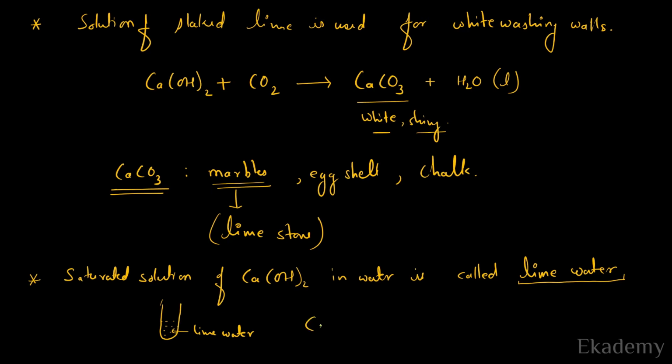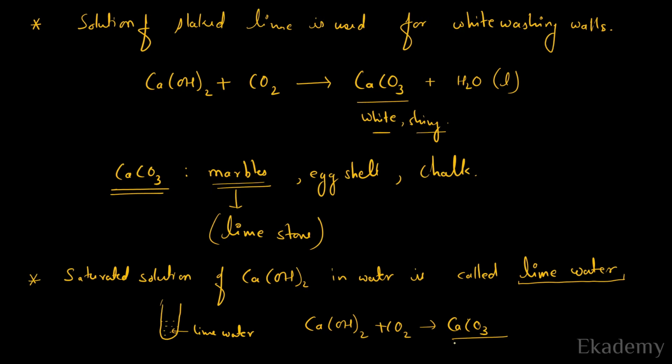When calcium hydroxide reacts with carbon dioxide, it forms calcium carbonate. It is white in color and insoluble in water, and hence it makes lime water milky.